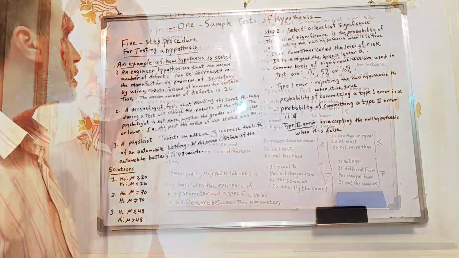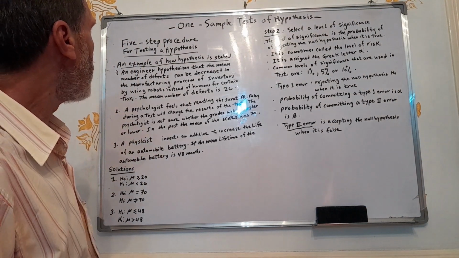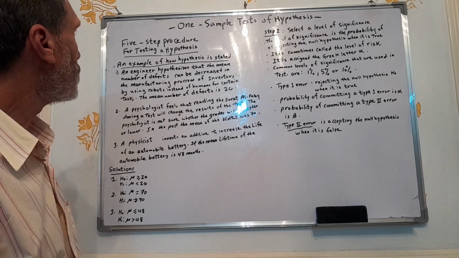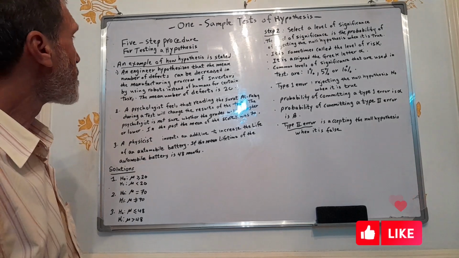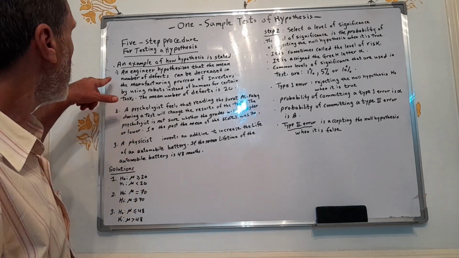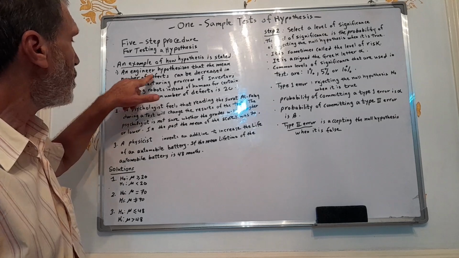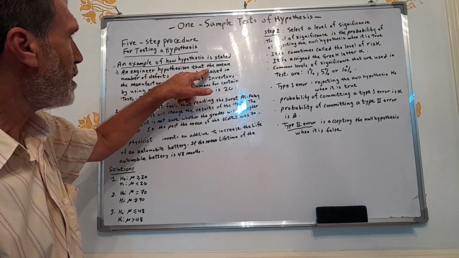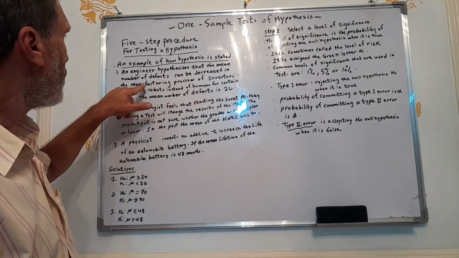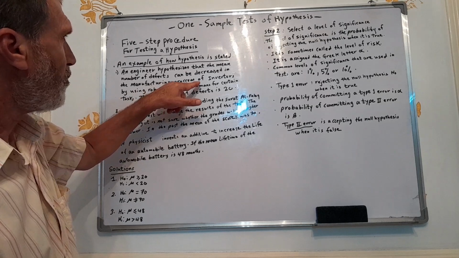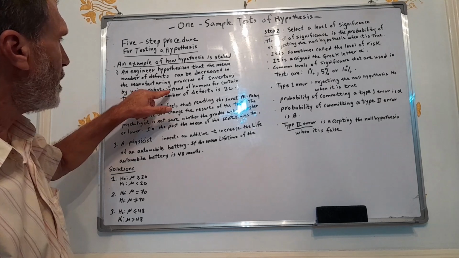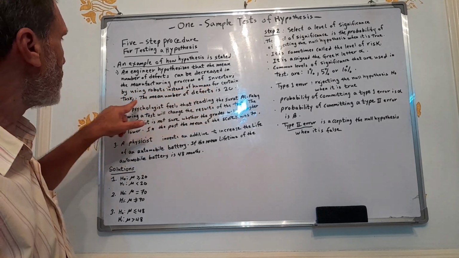state them right. Let's give an example of the first step of this 5-step procedure for testing a hypothesis. An example of how hypothesis is stated. Let's say the first example, an engineer hypothesizes that the mean number of defects can be decreased in the manufacturing process of inverters by using robots instead of humans for certain tasks.